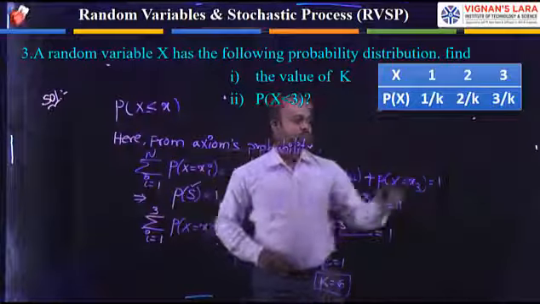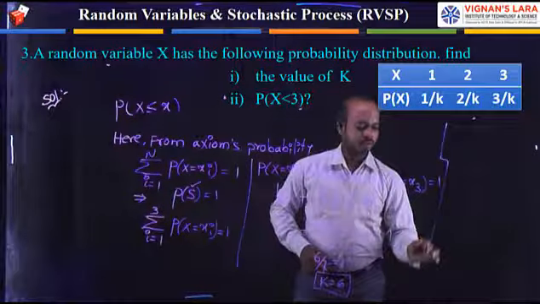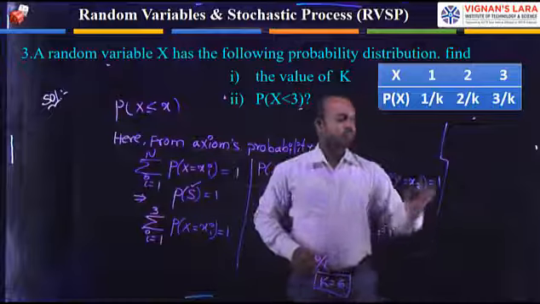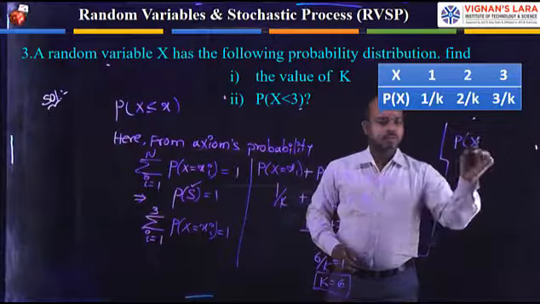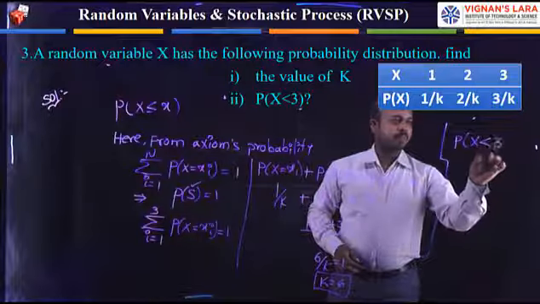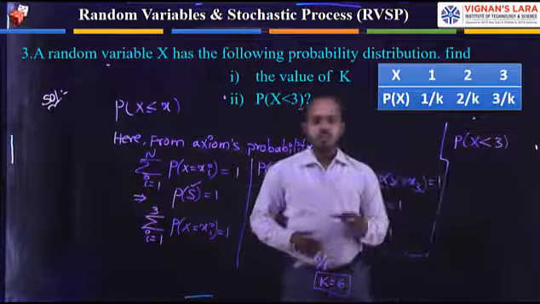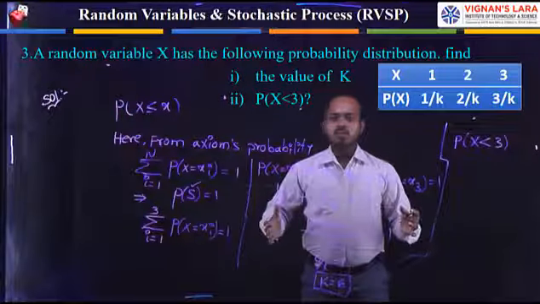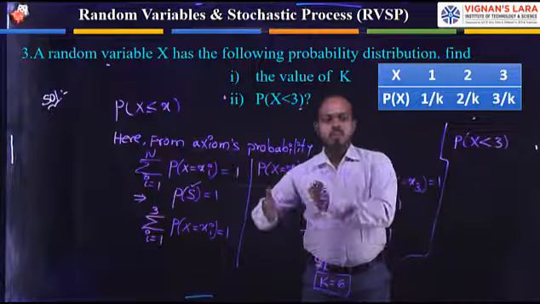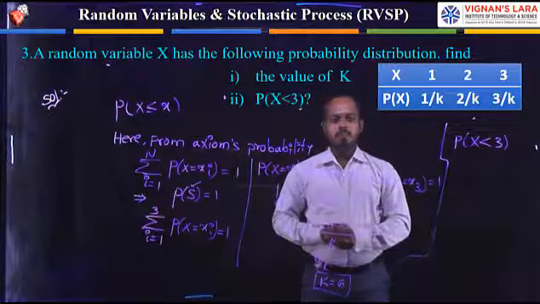What is the second one? The probability of capital X less than 3. What is being asked here? Less than 3 means the value must be less than 3.